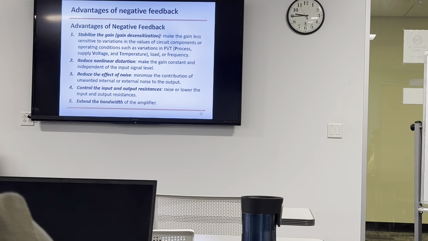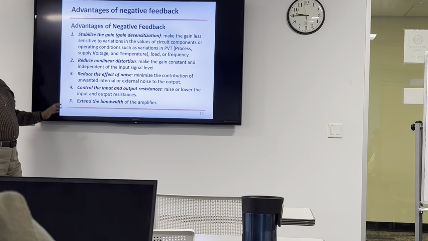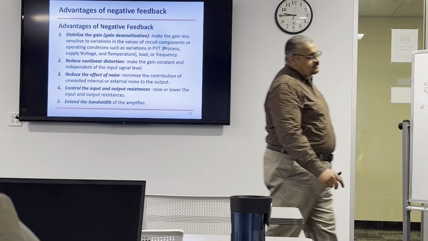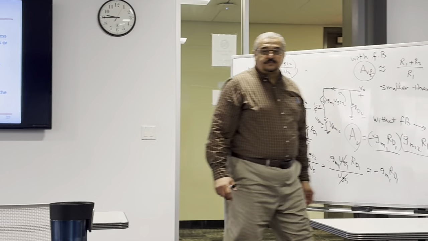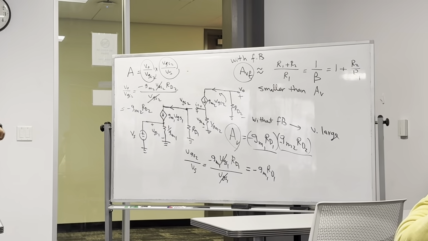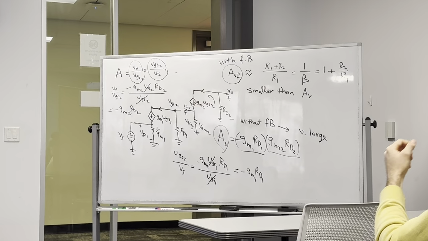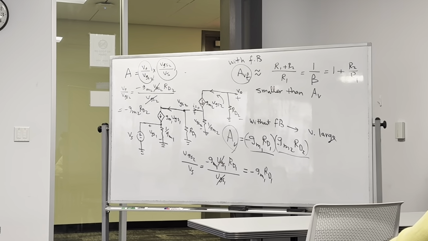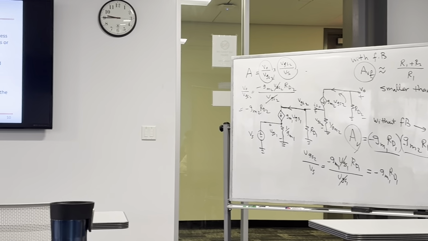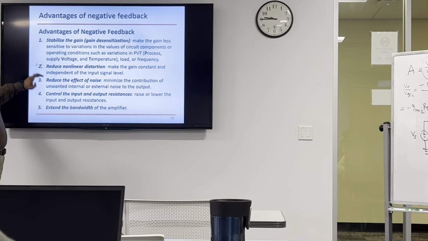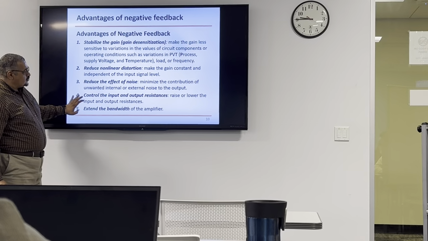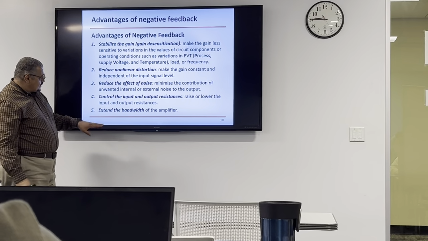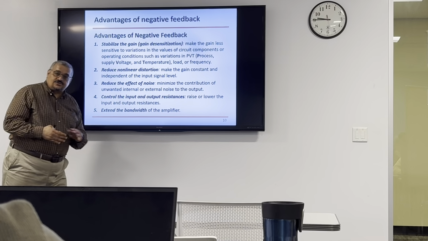However, with that feedback, you get all these advantages. Now is the gain a function of GM anymore? No. And GM is a transistor parameter that could change because it depends on the process and the transistor itself. It reduces nonlinearity, it reduces the effective noise, you can control the input impedance, which is going to be higher, the output impedance is going to be smaller in this case, and the bandwidth is going to be large.